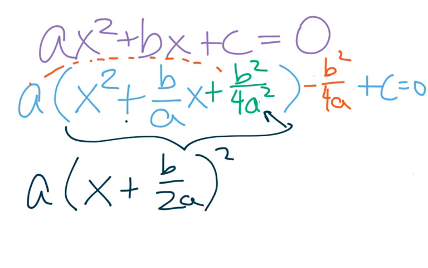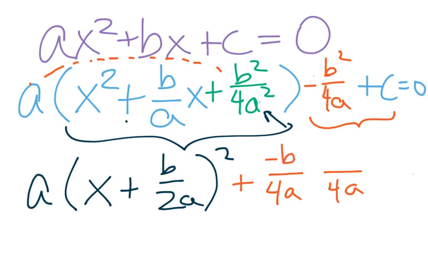Now I need to worry about taking care of this right here. Since I'm adding and I have fractions involved, I have to have a common denominator. So my common denominator is going to be 4a. This one is already with 4a. And the c, I'm going to do 4a times the c, and that will make me have a common denominator.